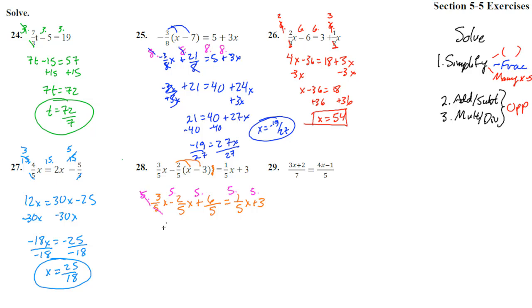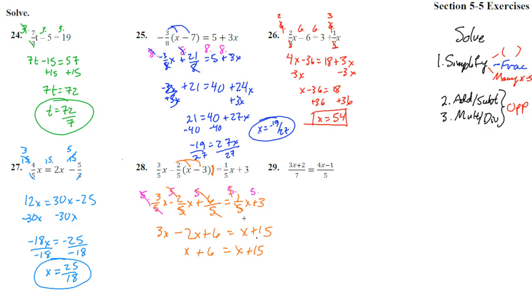So that cancels. We're left with 3x minus, that 5 cancels with that 5, that's a 2. That 5 cancels with that 5. That's a plus 6 equals, that 5 cancels with that 5, and we get a 1x and 15. 3x minus 2x is x plus 6 equals x plus 15.